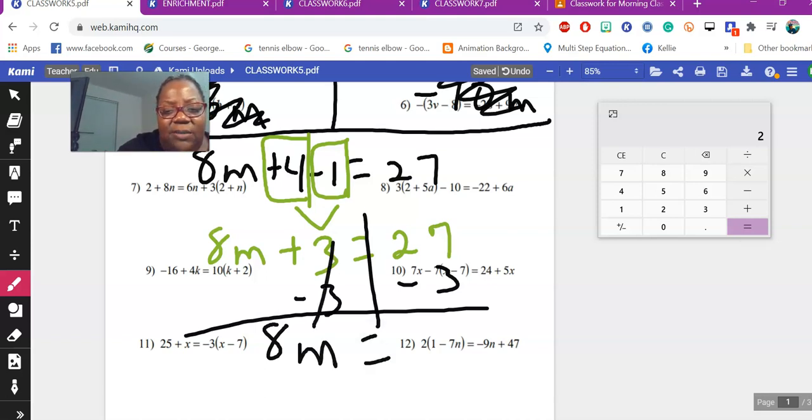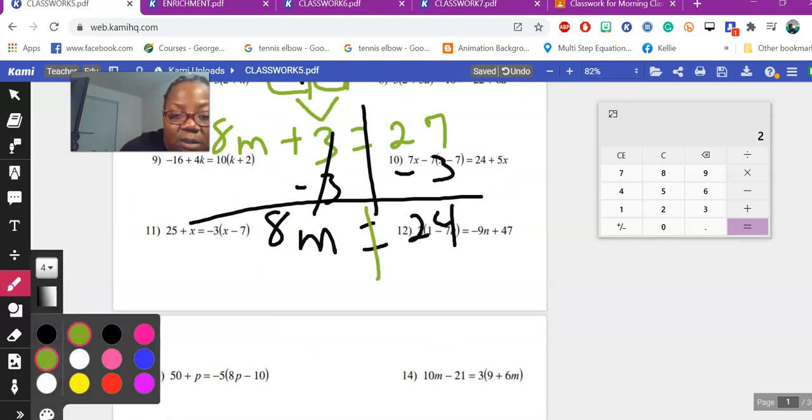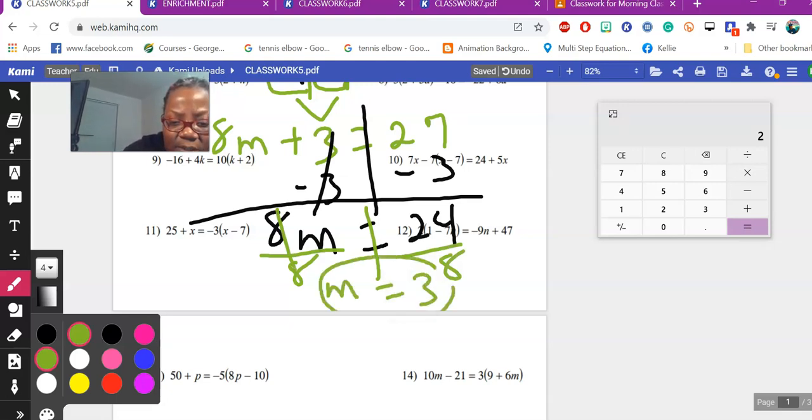27 minus 3 gives us 24. M is still not by itself. So we'll divide by 8. M equals 8 goes into 24 3 times. M equals 3. Right? You're going to have to go back and rewind on that one to see how to do it again.